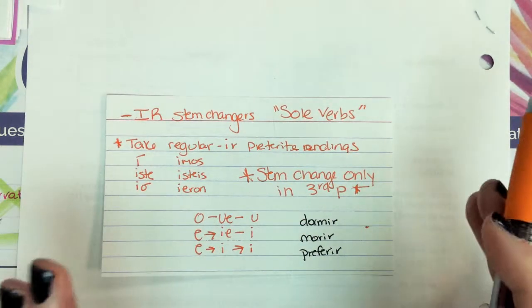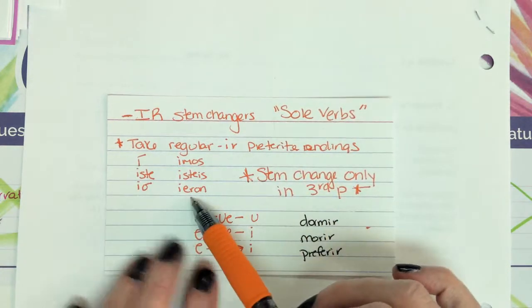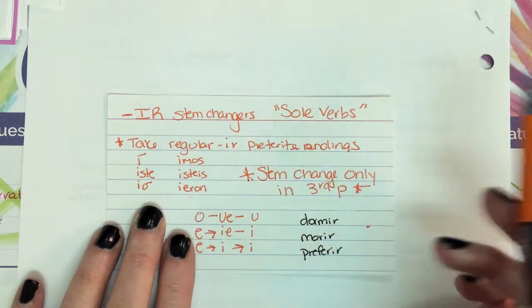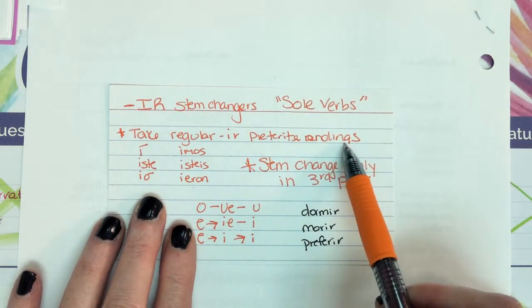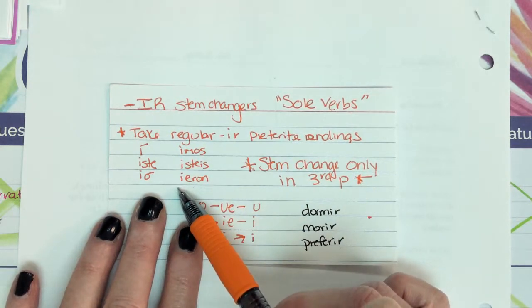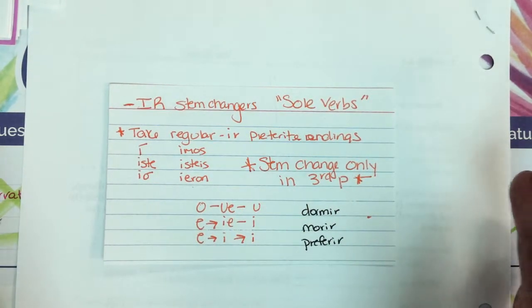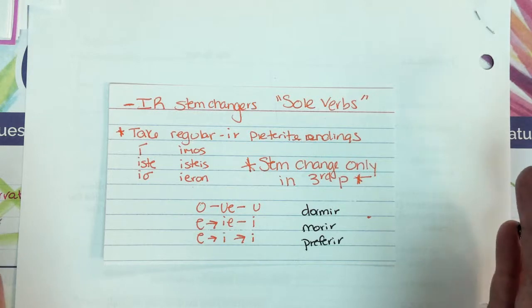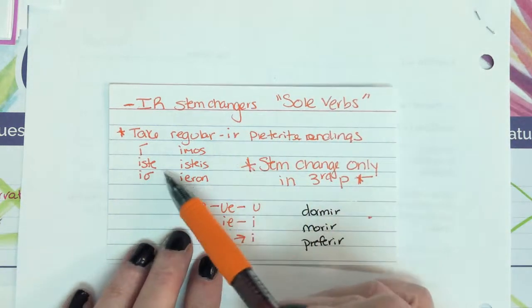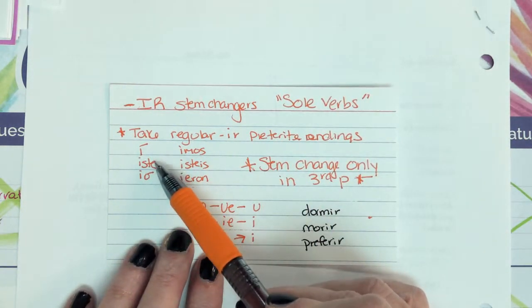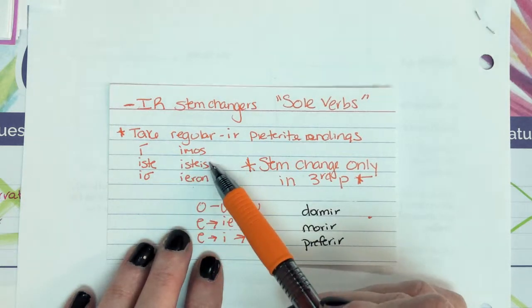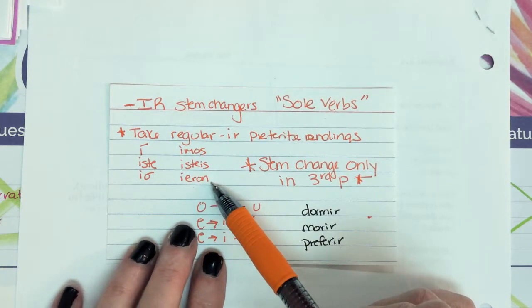Some of the key points that you need to put on here. Number one, it's going to take your regular IR preterite endings. Now, if you already know them, you don't have to add that, but if you're still in the process of getting there, then maybe you might want to include those with the iste, ió, imos, istes, ieron.